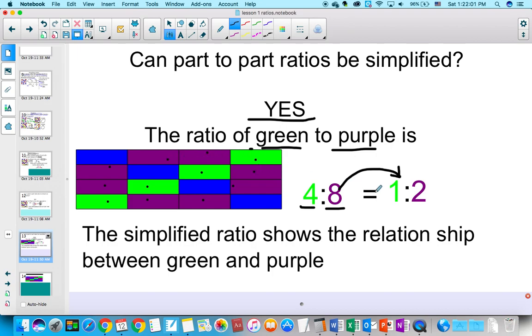Right? So this is telling us the relationship. This is giving us the hard numbers. And so simplifying a ratio gives you the relationship between the two values or two objects that you are looking at. So now we have the relationship. It's a 1 to 2 ratio. Every one green has 2 purples. And this one gives us the whole numbers. We have 4 green and 8 purple.